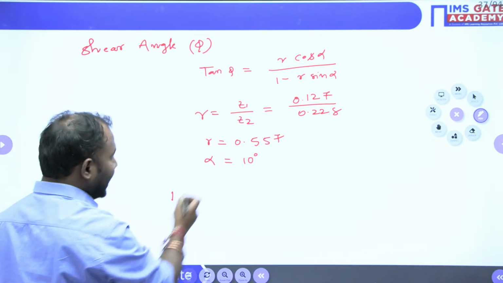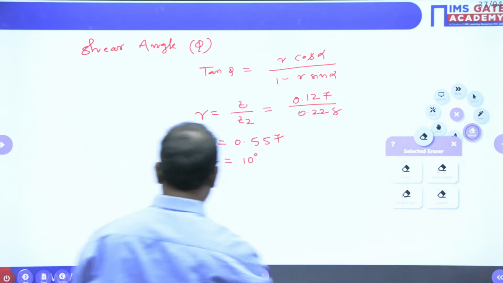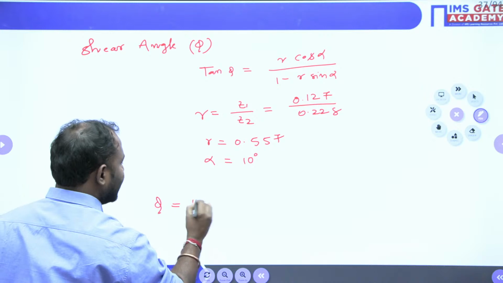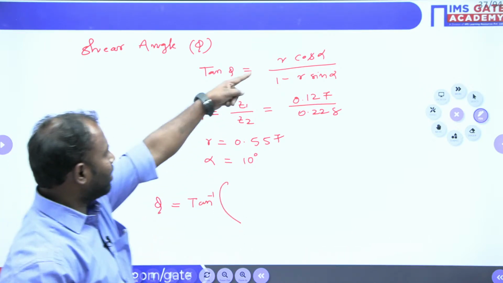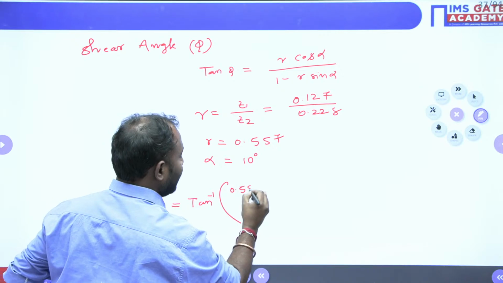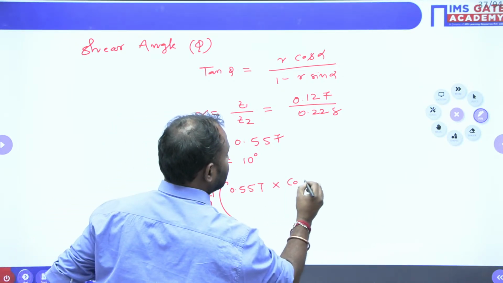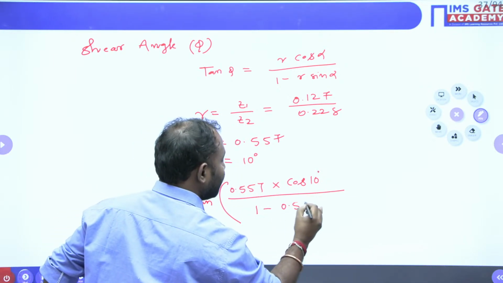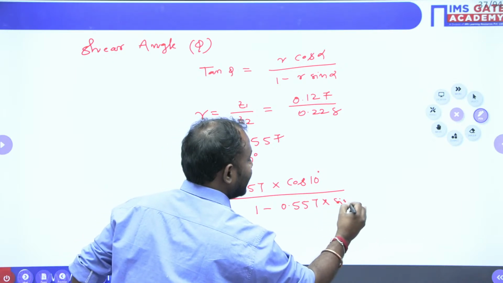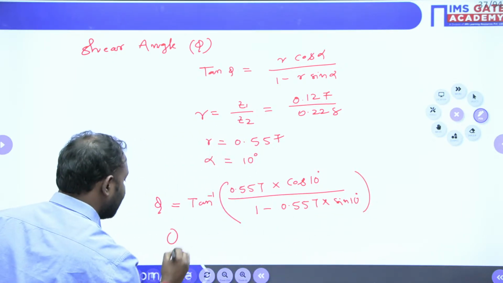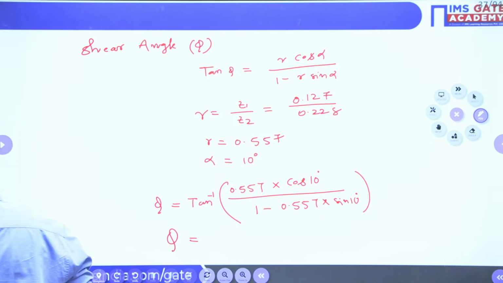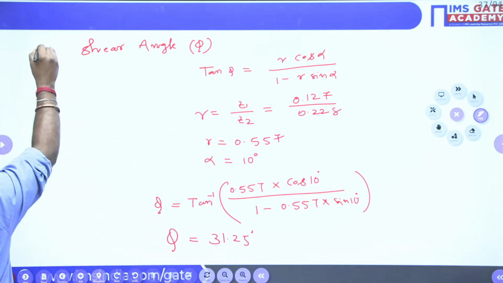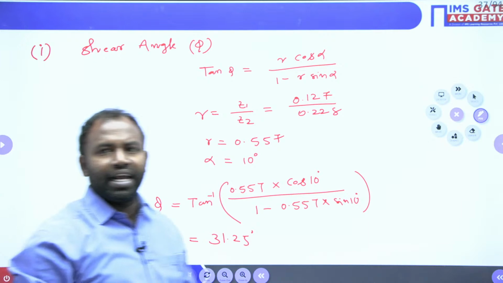I require phi, so directly phi equals tan inverse of r cos 10 degrees divided by 1 minus r sin 10 degrees, with r equal to 0.557. If you solve that, you are going to get the shear plane angle as 31.25 degrees. This is your first solution, the shear plane angle.